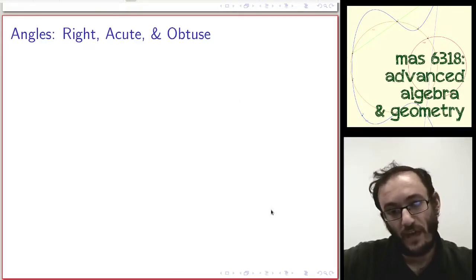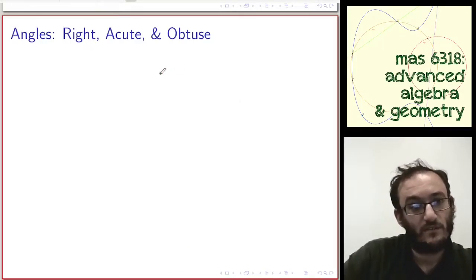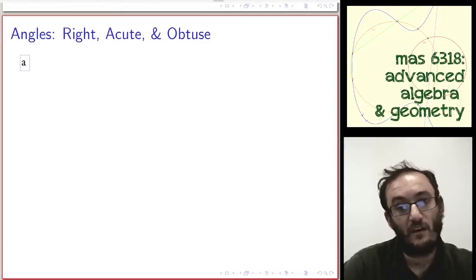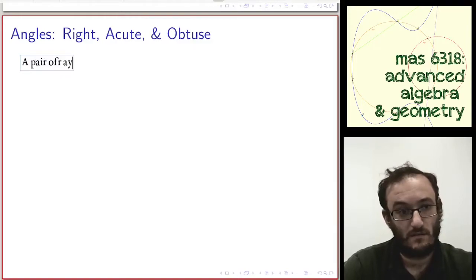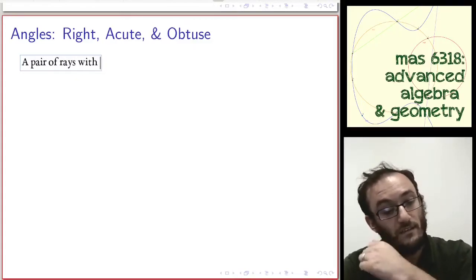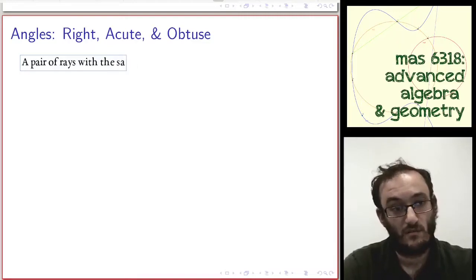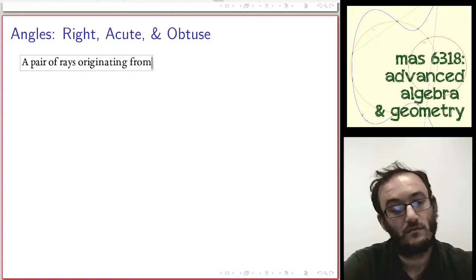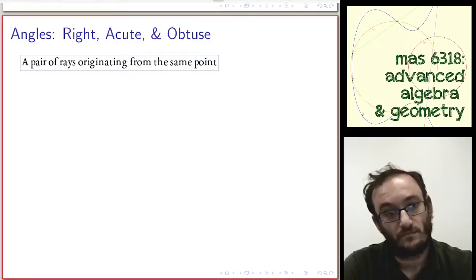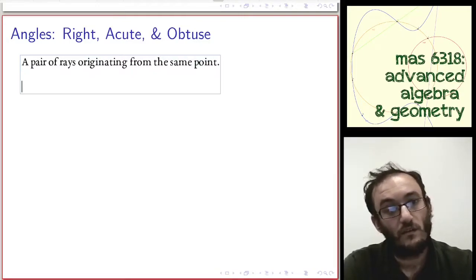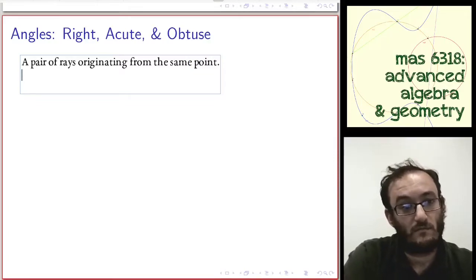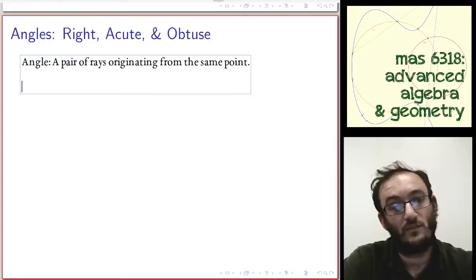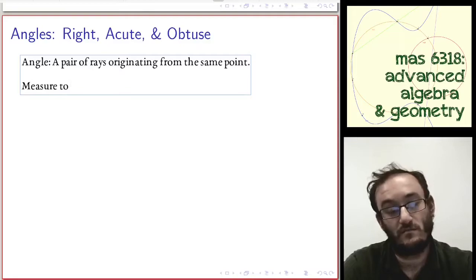Okay, now let's talk about angles. So angles are defined as a pair of rays originating from the same point. And we assign a measure to the angle.